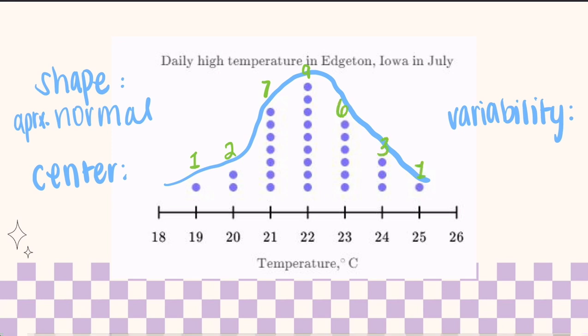Now I'm going to multiply the frequency by the number. For example, 1 times 19 is 19, plus 2 times 20 is 40.